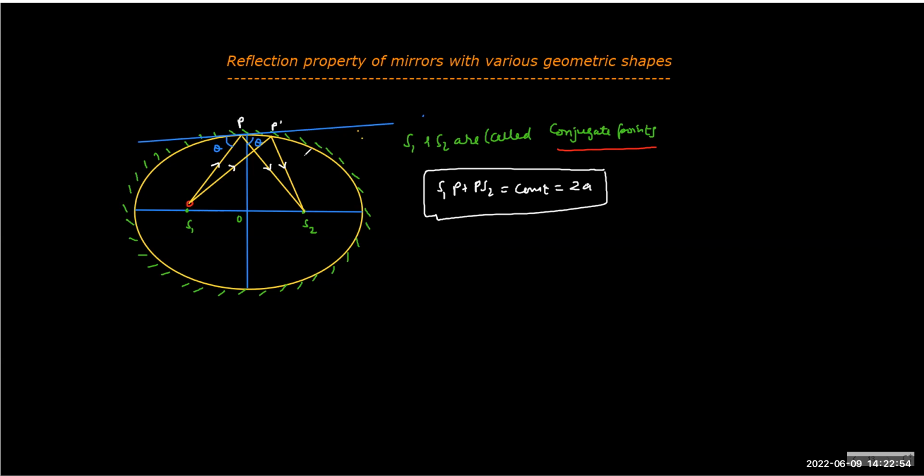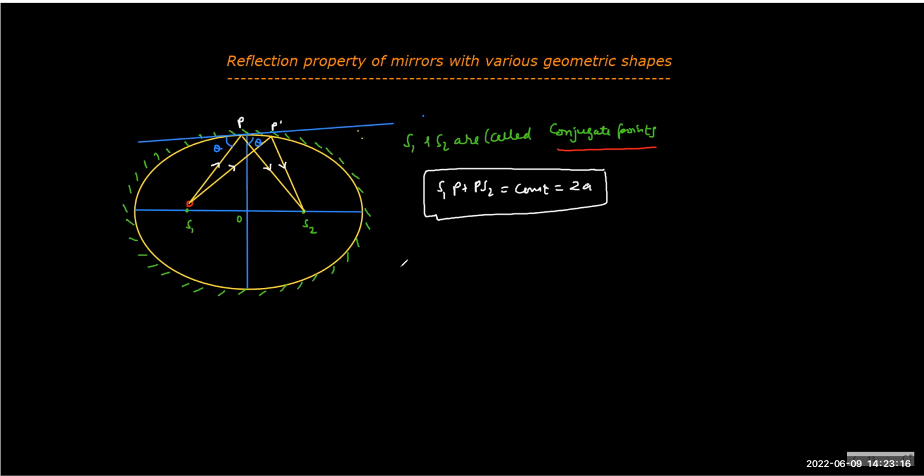Understood? Is it clear? Okay, so that's the law of reflection only. The angle made by the incident ray and the reflected ray will be equal with the tangent.